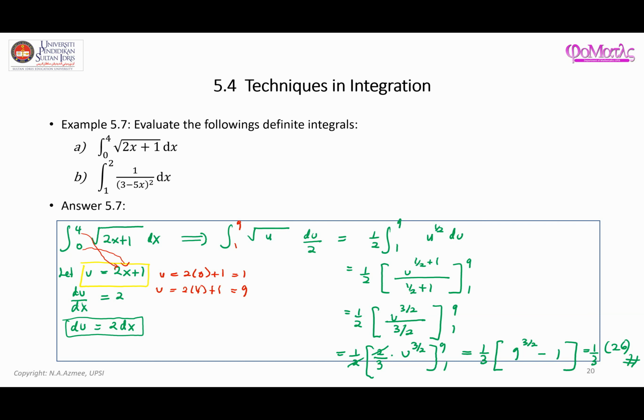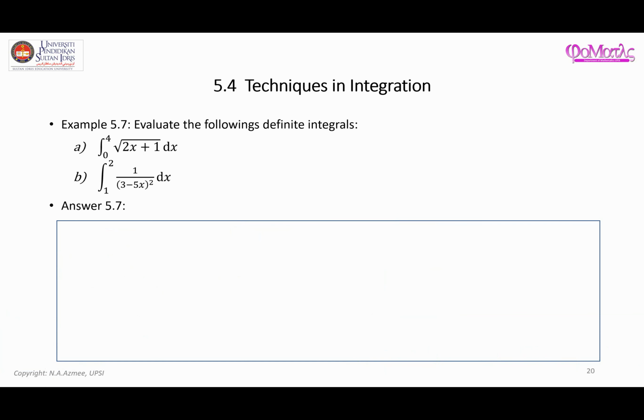Next, let's look at the next question, question B. Let me just erase this slide here. For question B, now we have the limits from 1 to 2, of 1 over (3 minus 5x) squared dx.